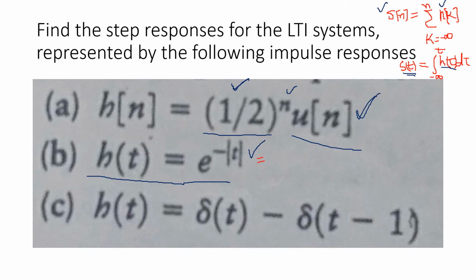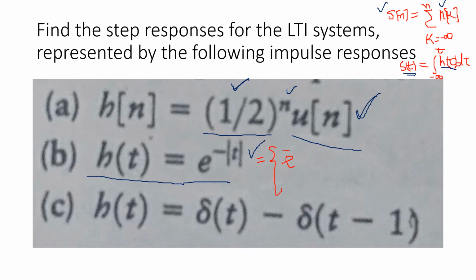Because whether t is positive or negative, absolute means you get a positive value, and here it's negative. So irrespective of whether t is positive or negative, in both cases it is exponentially decaying.